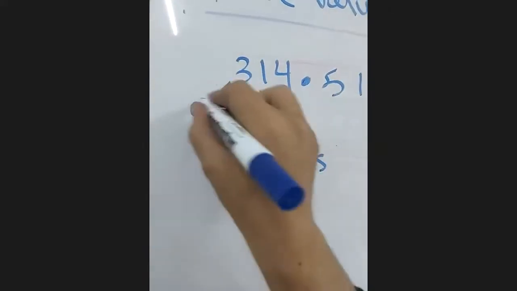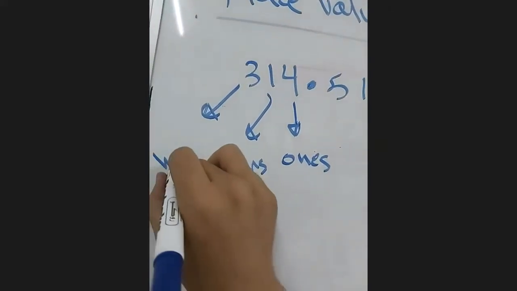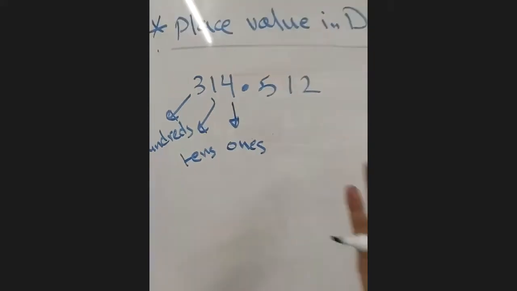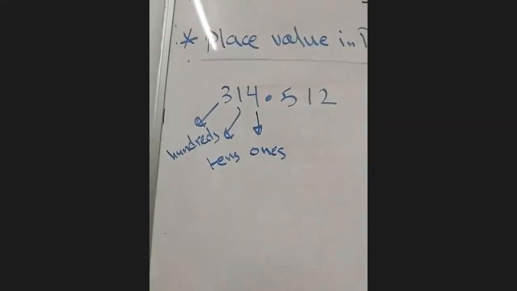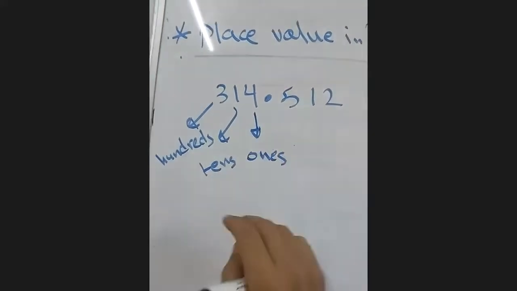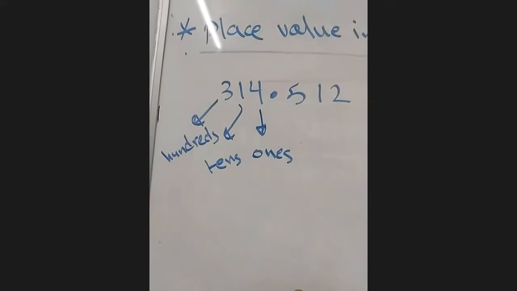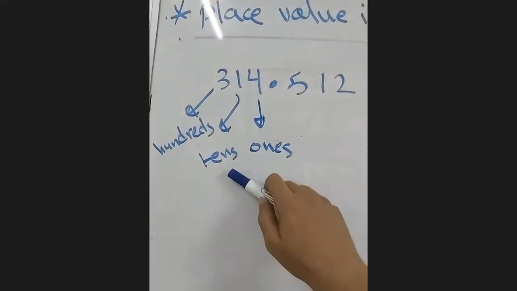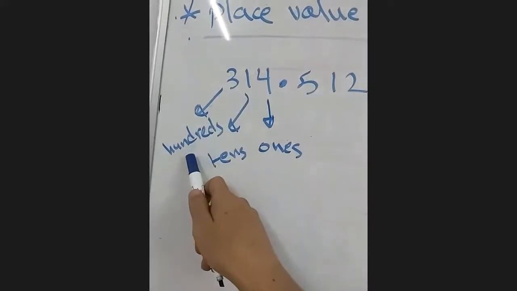And this 3 here is hundreds. So here, guys, we have two parts, whole part and decimal part. I place value with the whole part first. The first number, we call it ones. The second number, tens. The third number, hundreds.